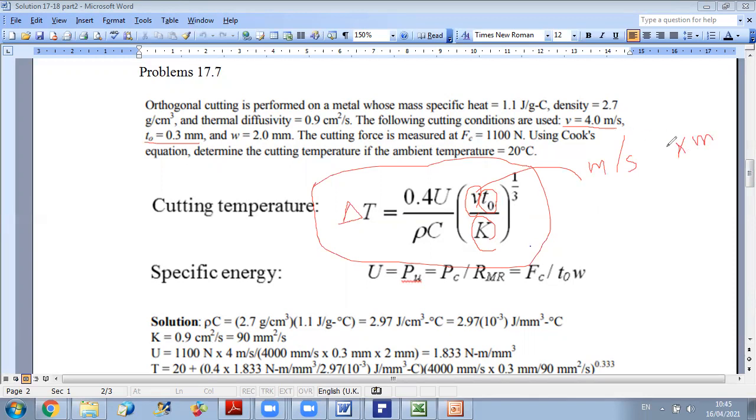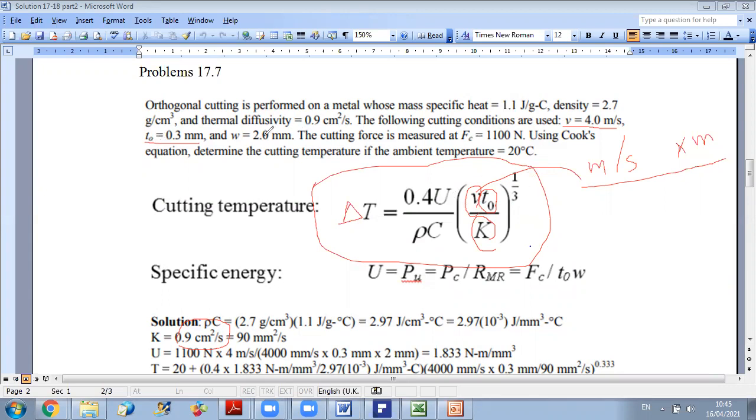So I will have meter square over second, and I am dividing by K. K is given to you in centimeter square per second. So to get the same dimension, you should either convert V and t0 both to centimeter, or convert K to meter square per second. So the three will be in meter, or in millimeter, or in centimeter. You should select one of the three.